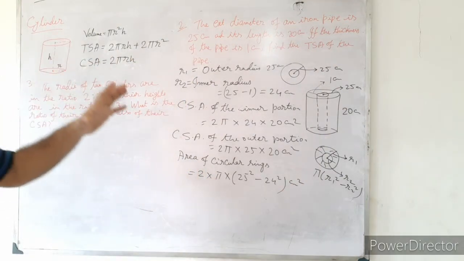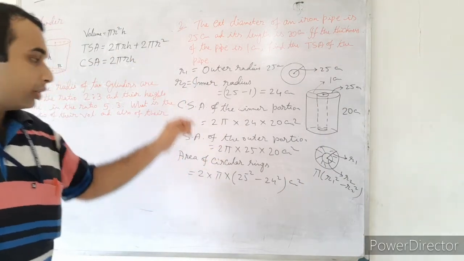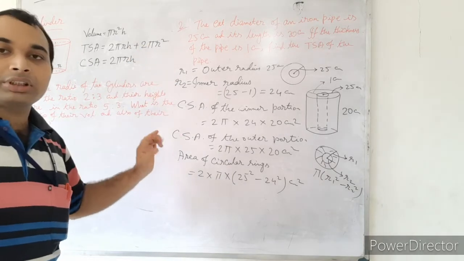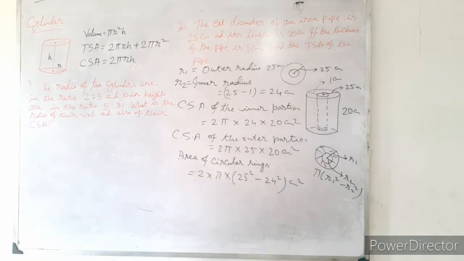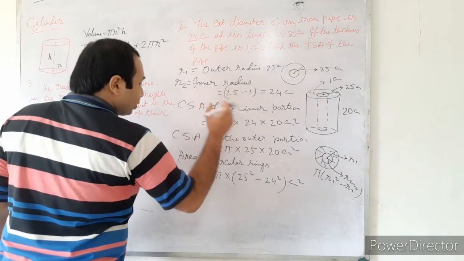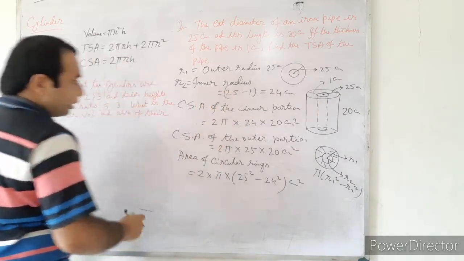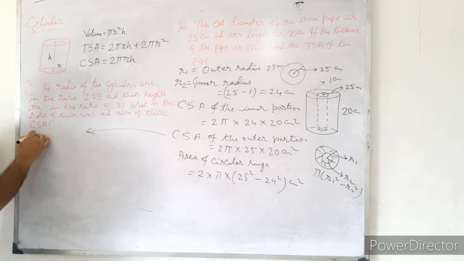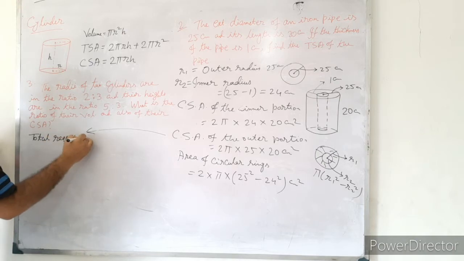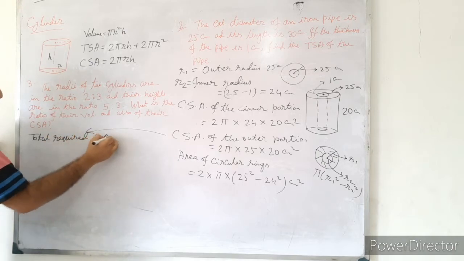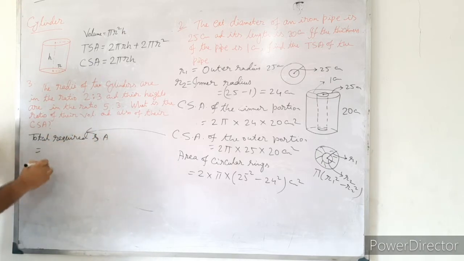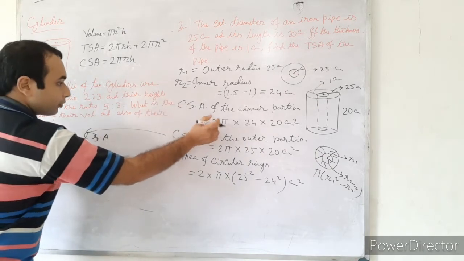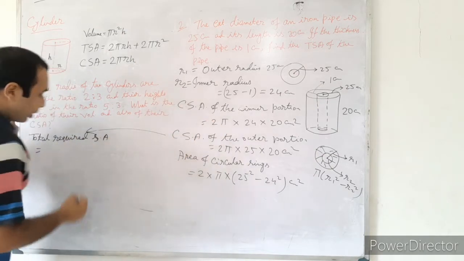Okay, now you have to be smart enough to do these calculations. So what will be the calculations? Just see. You have to add all of these. So first of all, I am writing here the total required surface area. Required surface area is equal to, so now just see, from those three 2 pi is coming common.